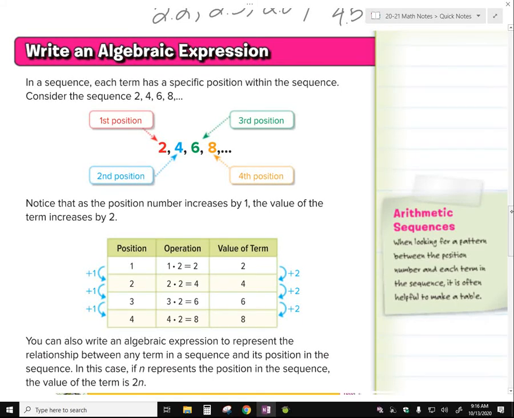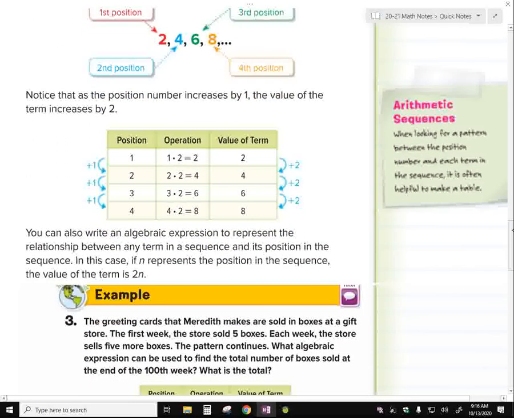The position number increases by 1, and the value of the term increases by 2. It's just like multiplying the number of the position by 2. So for an algebraic expression where n represents the position in the sequence, the value of the term is 2n.